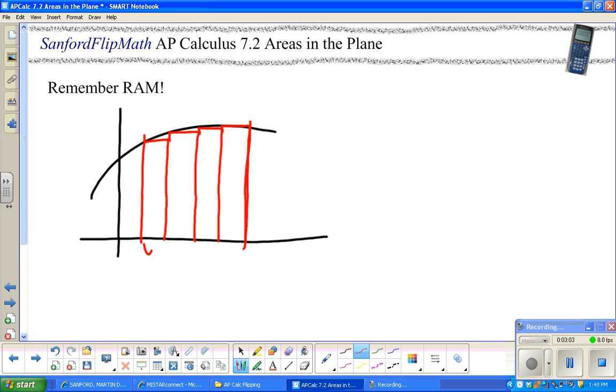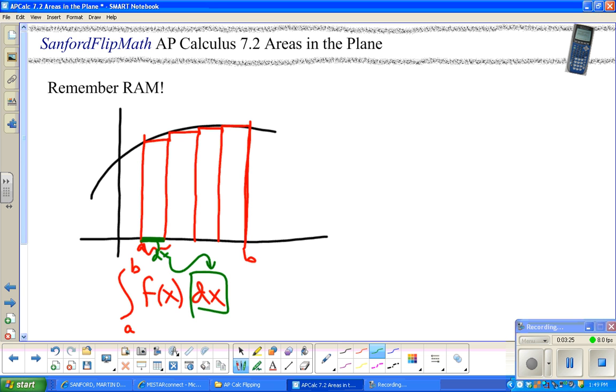And in the notation, as we look at the integral from a to b of f of x dx, the delta x and dx are analogous to each other. They're similar to each other. And then the height is that f of x.